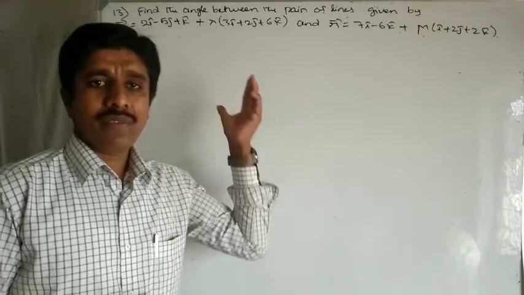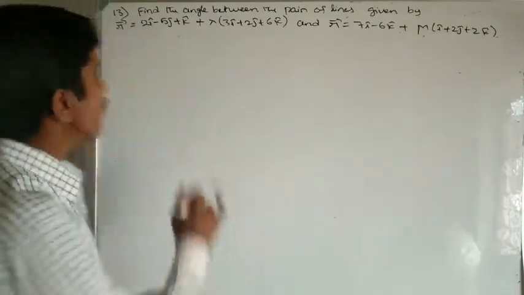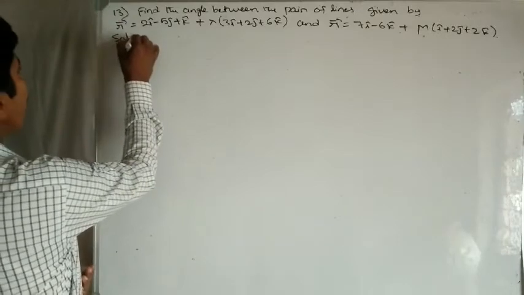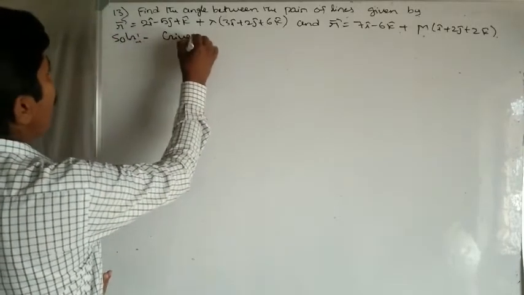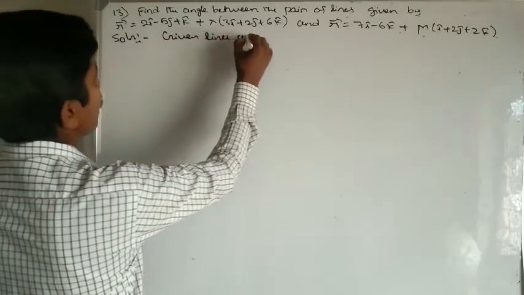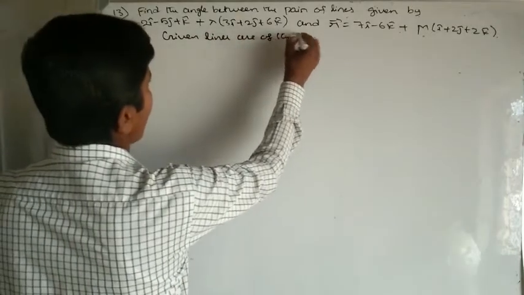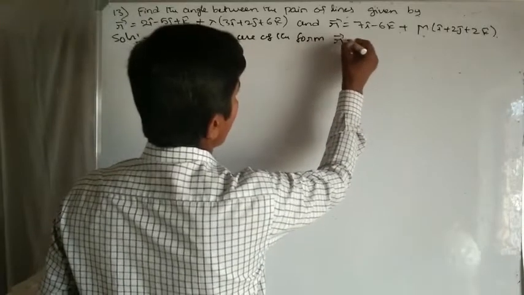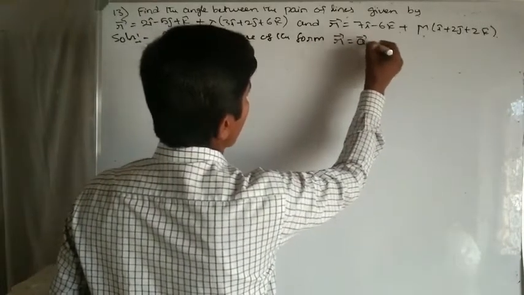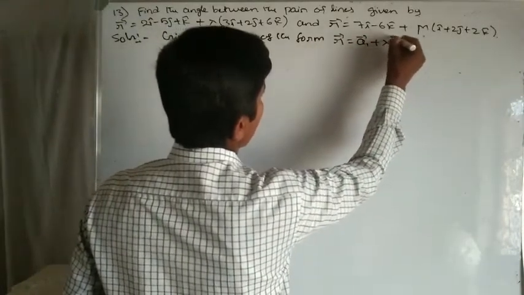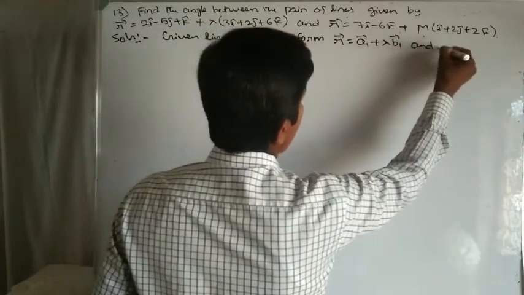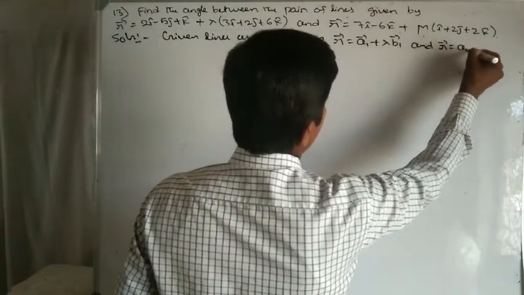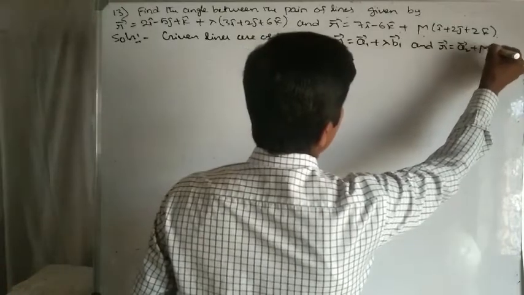Given lines are of the form vector r equal to vector a1 plus lambda vector b1, and vector r equal to vector a2 plus mu vector b2.